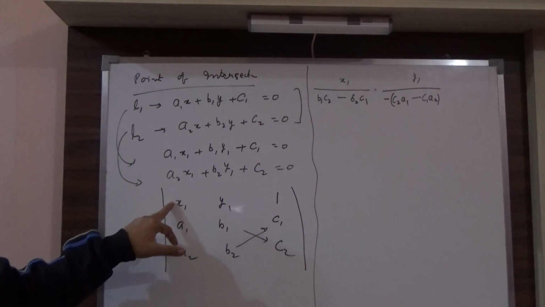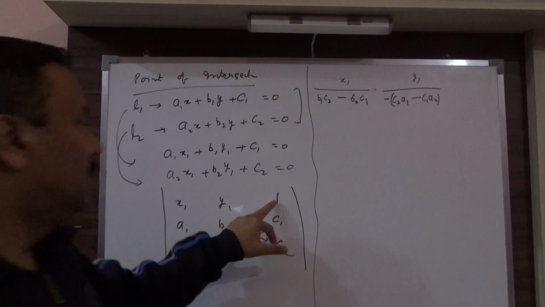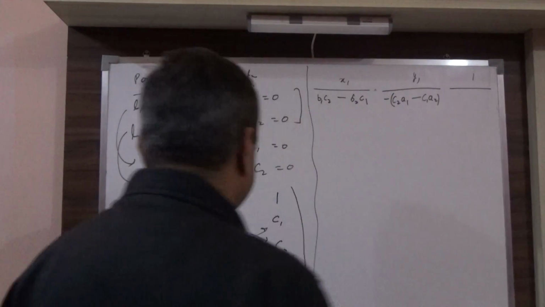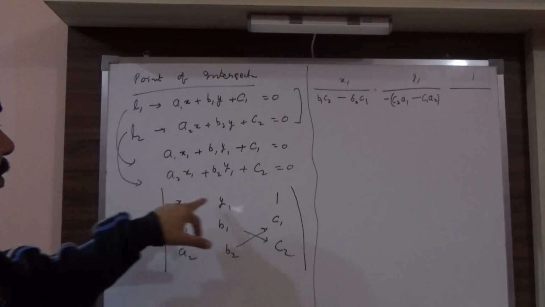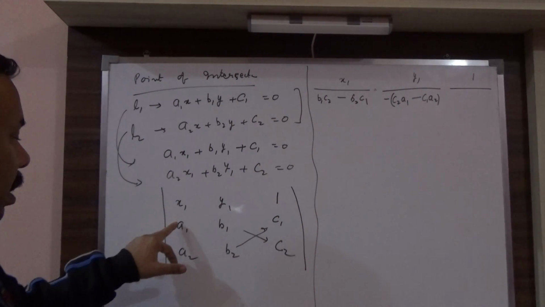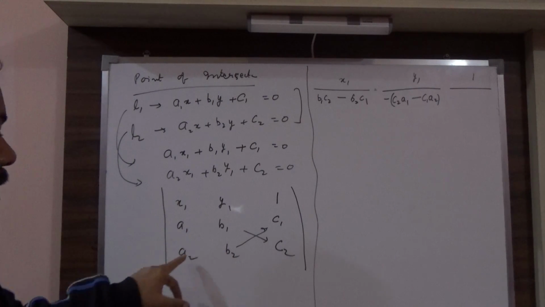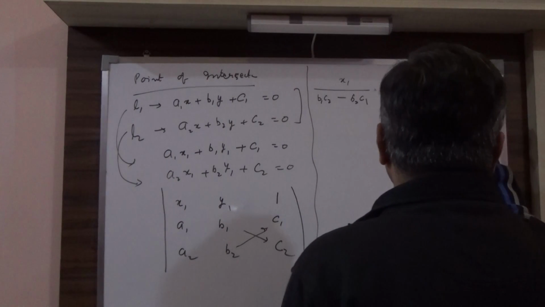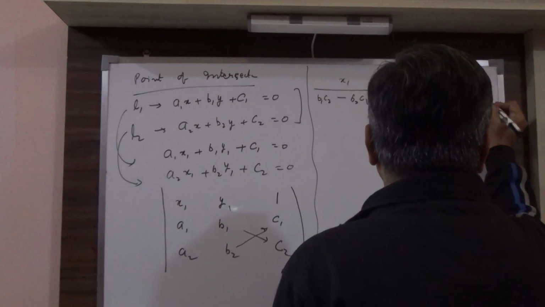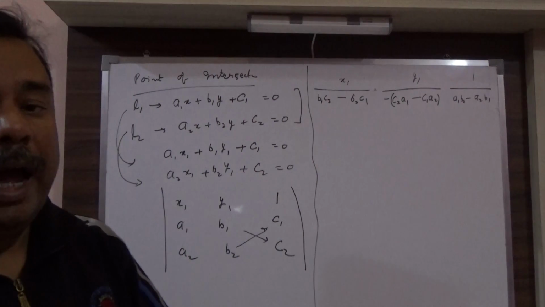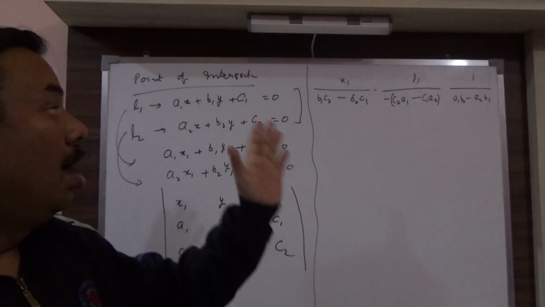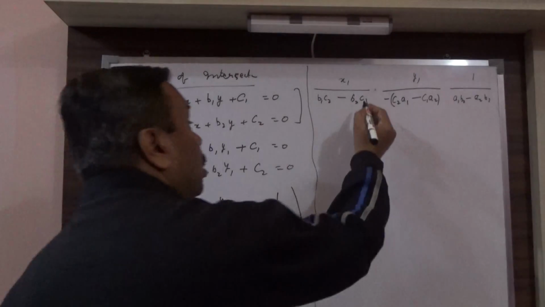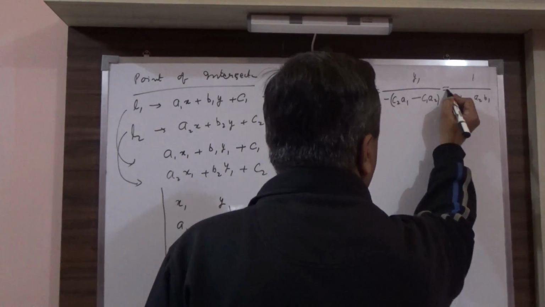Again, as I said, this was plus, this is minus, and this is plus sign, so this is 1 by, again I will leave this row and this column, then upper to lower, that is a1 b2 minus a2 b1. So this will be a1 b2 minus a2 b1, and all these three terms will be equal.